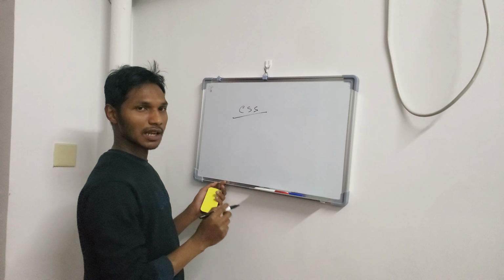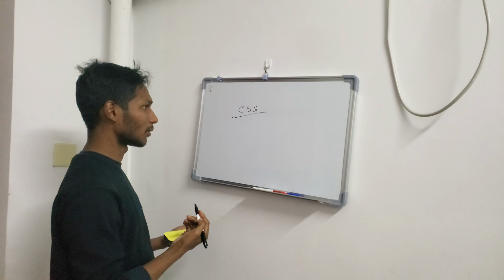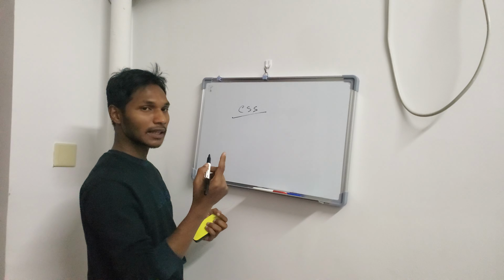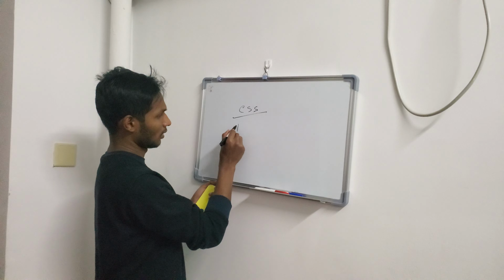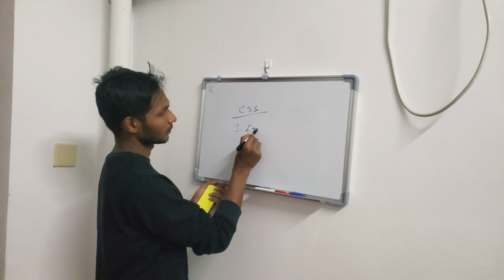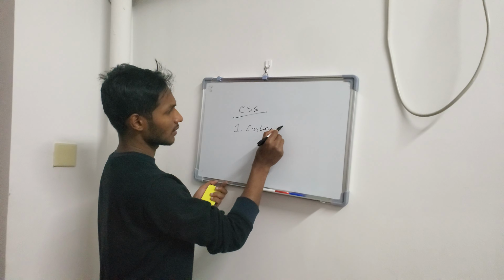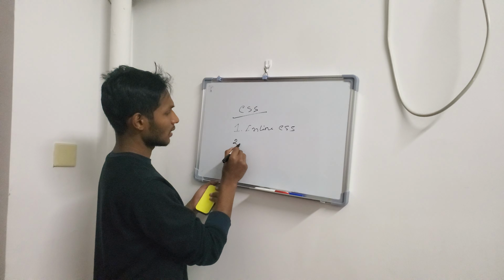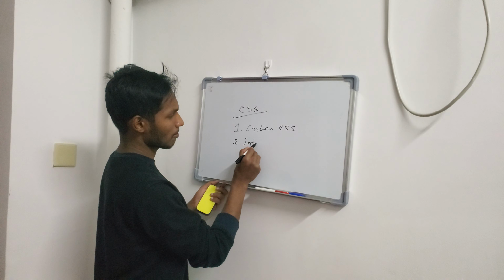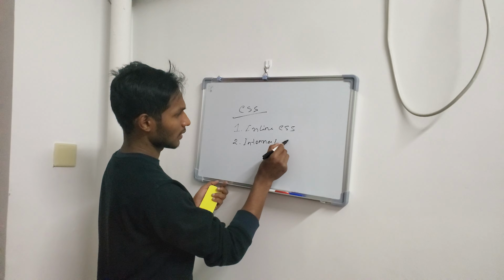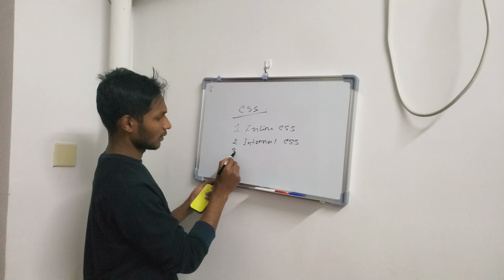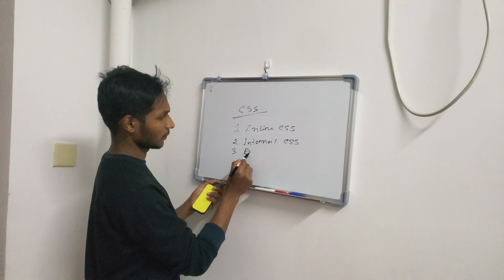CSS means cascading style sheet. Definitely you know all about this. And there are three types of CSS. For example, inline CSS, secondly internal CSS, and lastly external CSS.